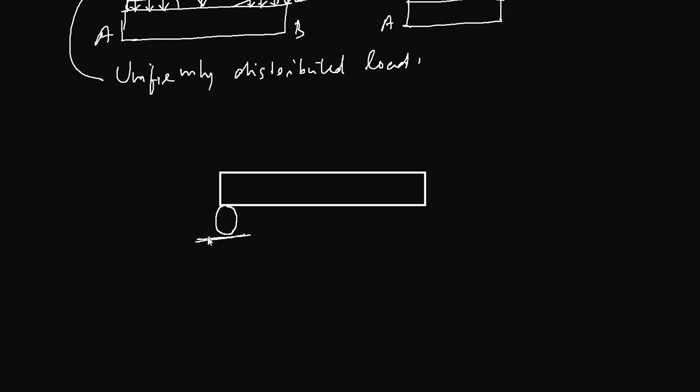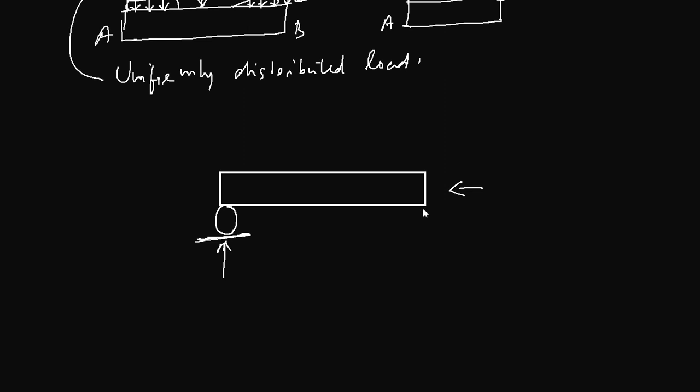The condition of a roller support is that it can only resist forces in one direction, normal to that plane. If you push this beam in this direction, the roller will just slide, and therefore the beam will slide.